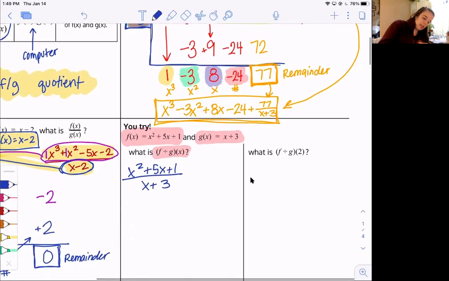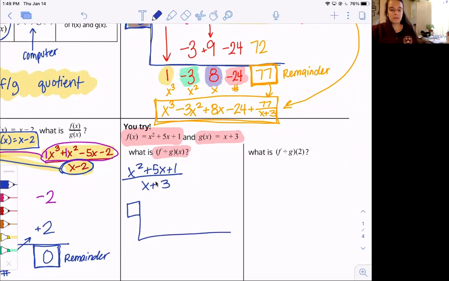I want you to go ahead and try to set it up on your own. You're going to draw the box and the division sign. So think about what is right there. I'm going to do 1 or 2 minutes, and then I'll be back in just a moment. So you're trying this one on your own right now.